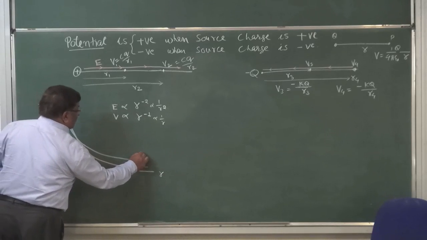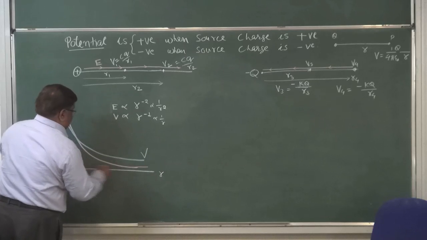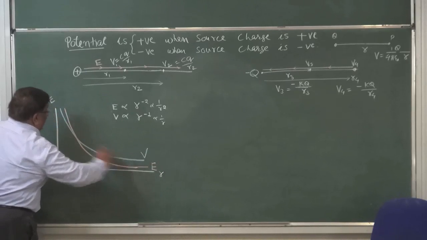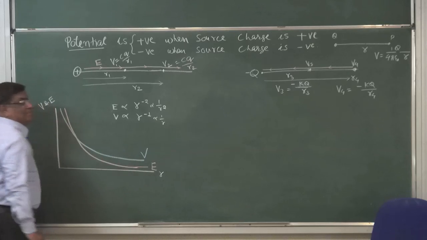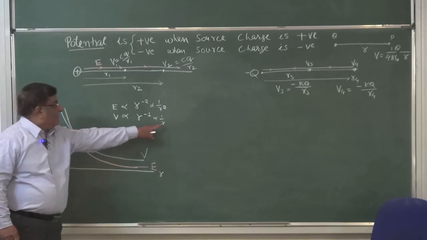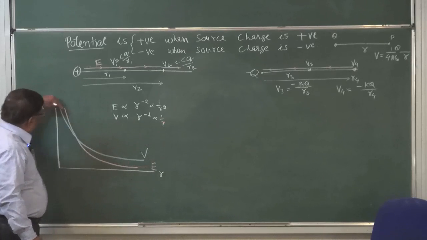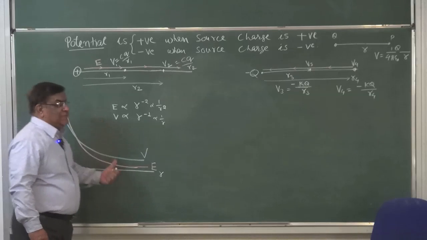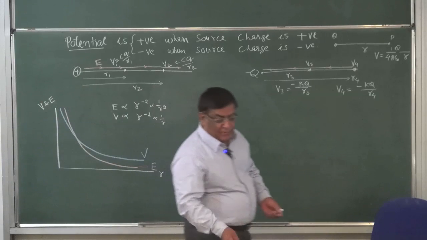This is the graph for V and this is the graph for E. This is deeper and this is less curved. Between r1 and r2, the value of E will deplete faster. So this is how it will be.